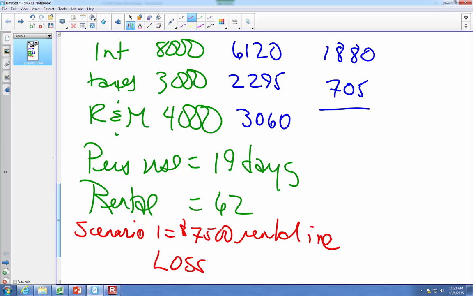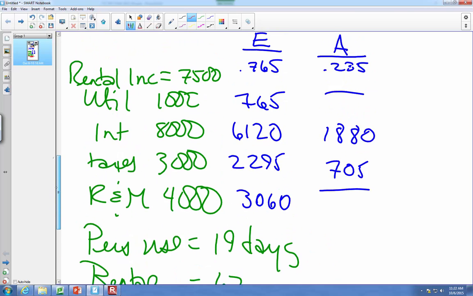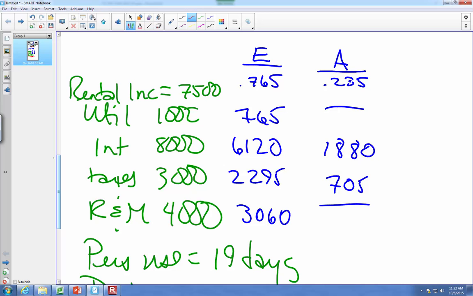My Schedule E is going to show a loss. Where did I get that? My rental income was 7,500. What do I always take first on dual use? Taxes and interest, let's see what that does. 7,500 minus 6,120 minus 2,295, 915. Can I go any further? I'm done.